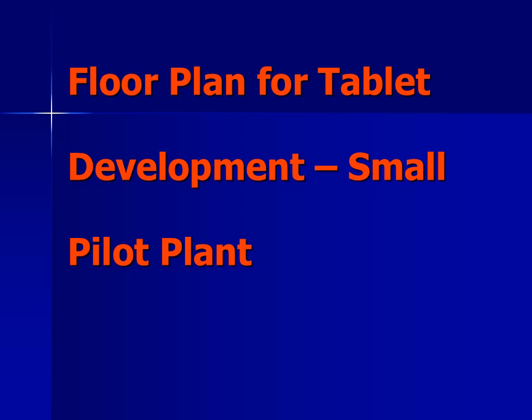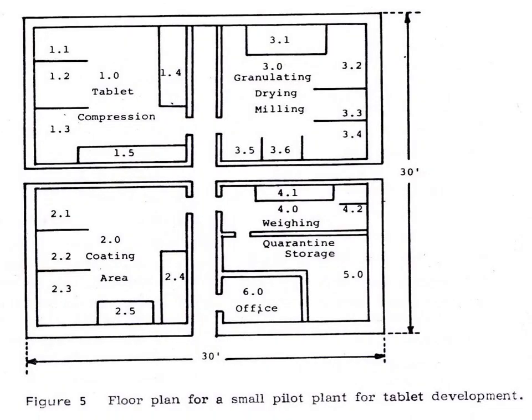Right now, the previous one was for big industries. You can also have a small pilot plant. See here, 30 feet into 30, that means 900 square feet, right? A few tablet compression machines, granulating, drying, milling together, only fewer are there.